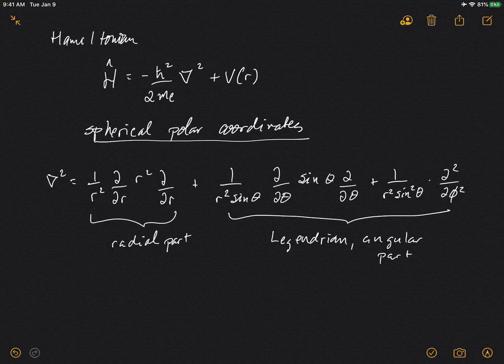And this has to do with the angular momentum of the electron rotating around the atom, which there isn't always, but there can be some angular momentum associated with motion of the electron.